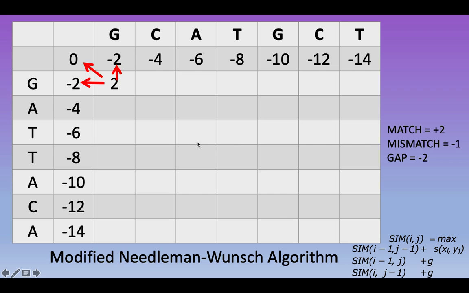So if I go back to the similarity score for i minus 1 and j minus 1, at the 1, 1 position, I'm going to look at the 0, 0 position.